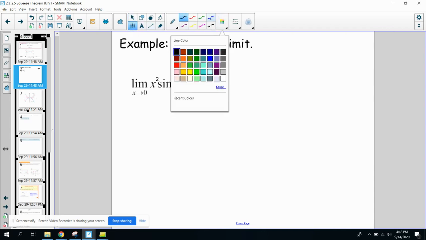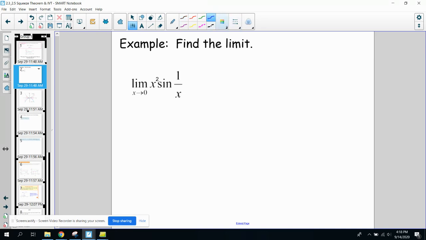So if I try to break it up, let's say by doing the limit as x approaches 0 of x squared times the limit as x approaches 0 of sine of 1 over x, I can't actually break it up this way. If I plug in 0, this one I know is going to equal 0, but when I plug in 0 here, I get 1 over 0, which is undefined.